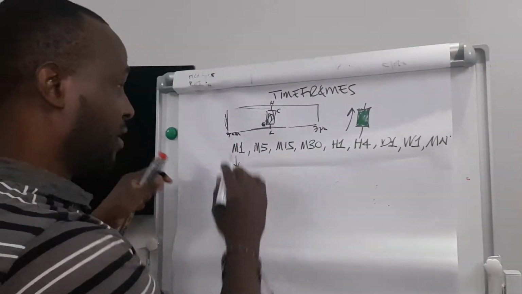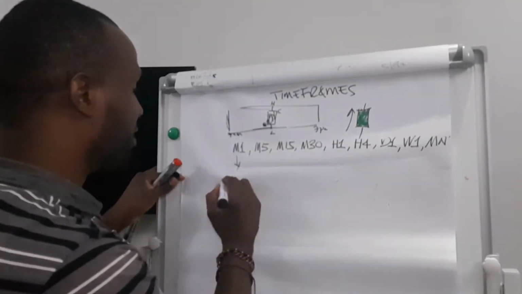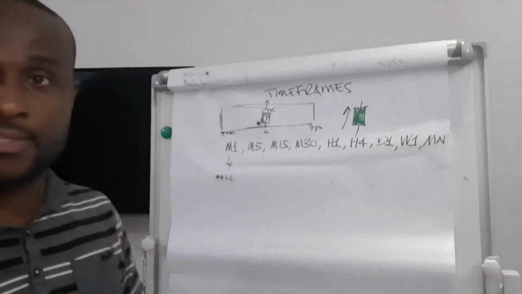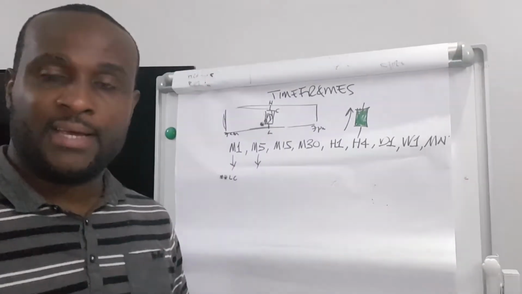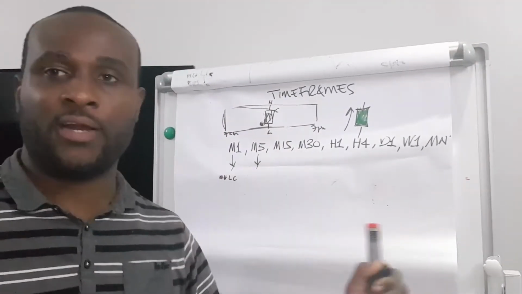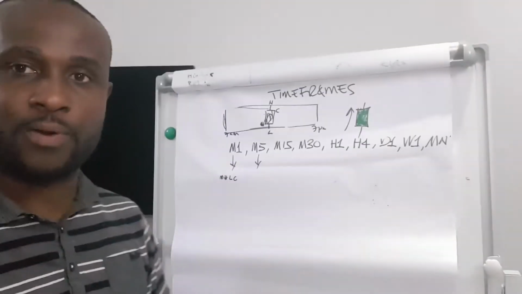In the 1 minute time frame, there will be an open price, a high price, a low price, and a close price. Then if we look again at the 5 minute period, same thing. From minute 1 till minute 5, with transactions happening, there will be an open price, a high price, a low price, and a close price.